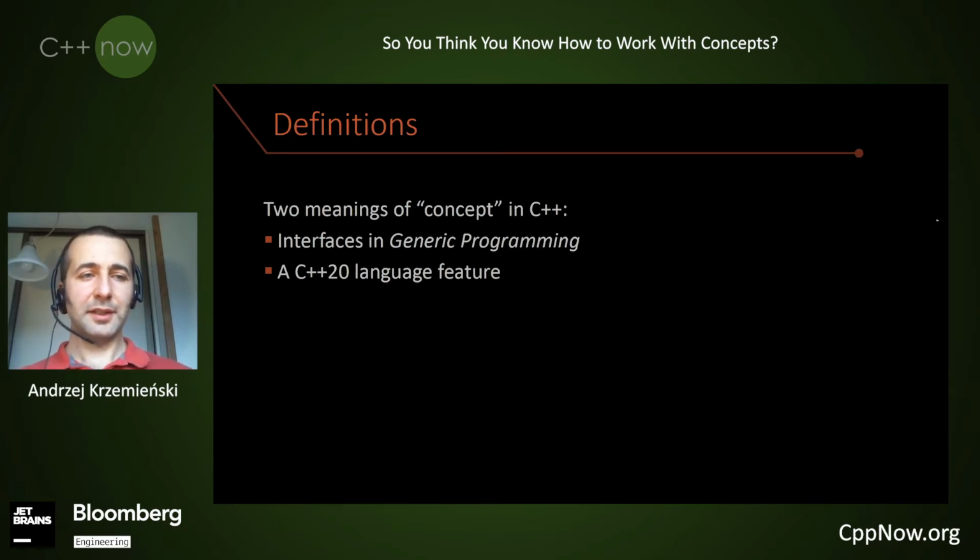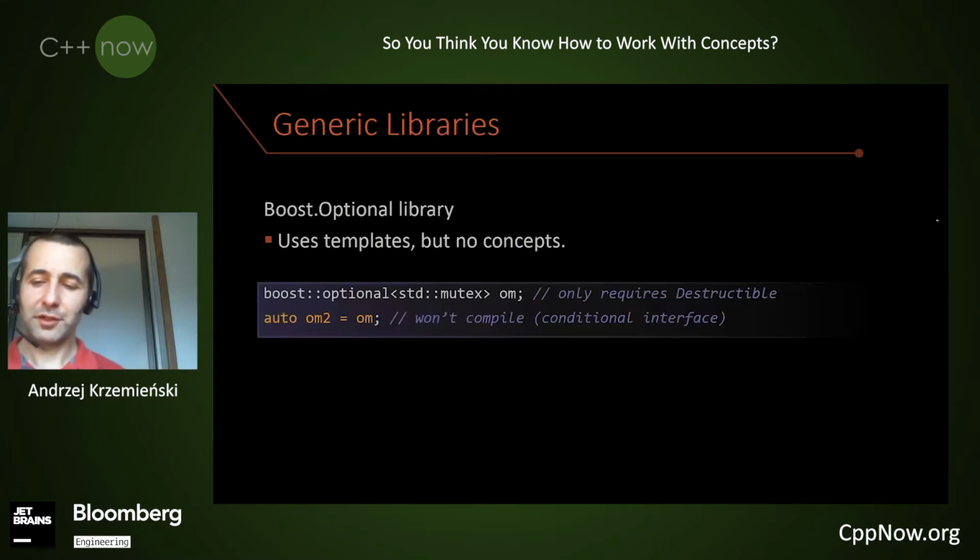Maybe one thing we should still mention before we go on our adventure: not every template library is a generic library. For example, I maintain the Boost Optional library, which was created by Fernando Cacciola. And it is a template library.